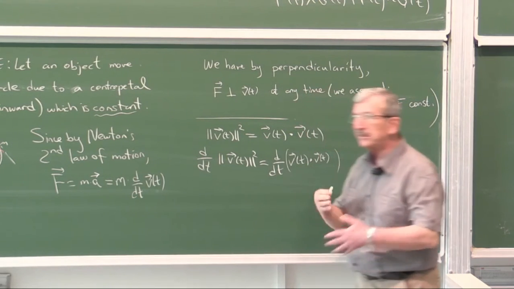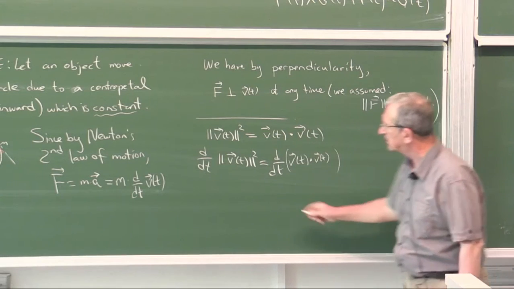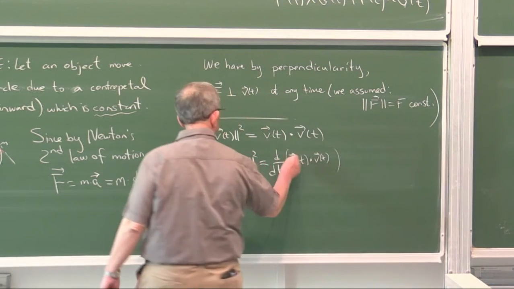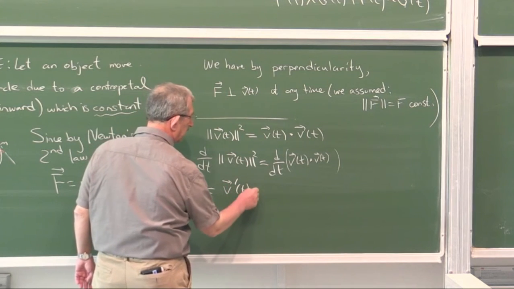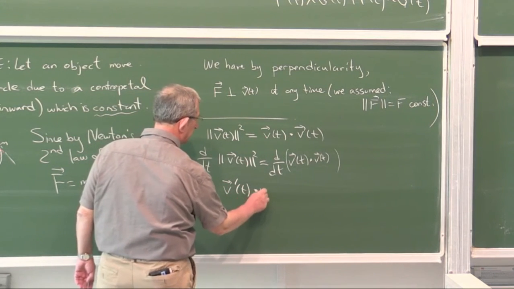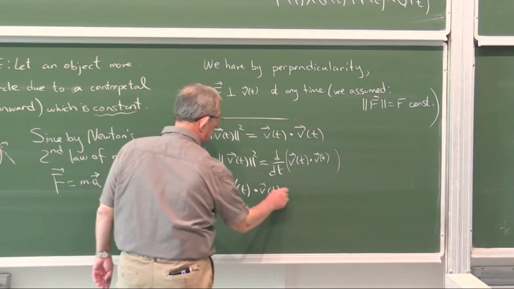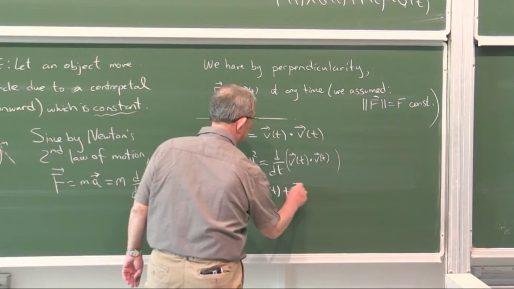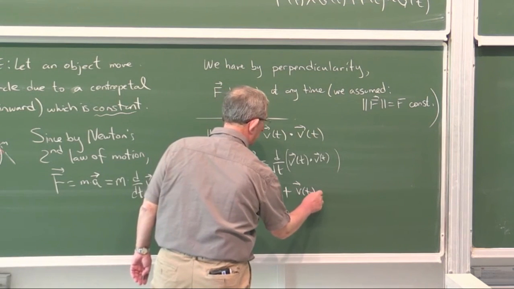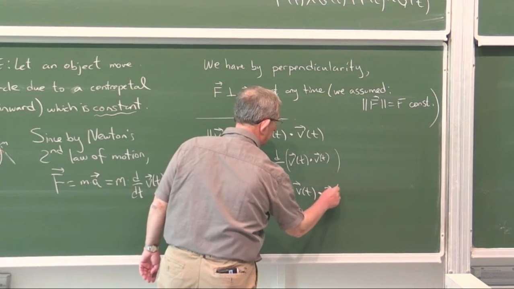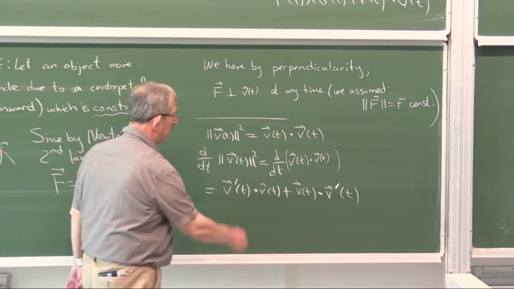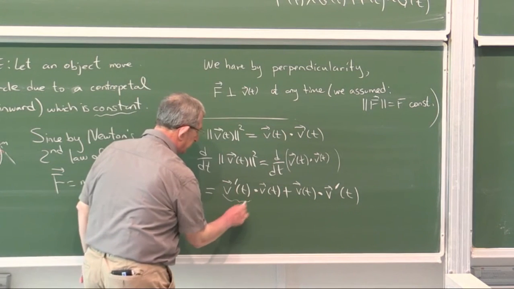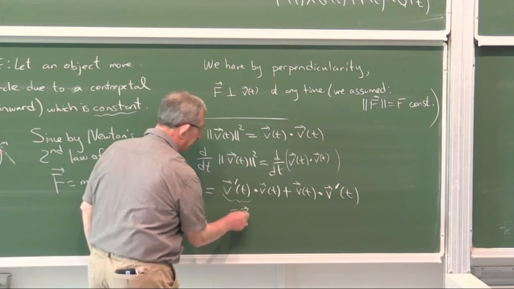So it obeys the product rule, which is, by the way, the derivative of the first times the second one, these are all dot products, plus the first one dot the derivative of the second one. Well, this is the vector a.